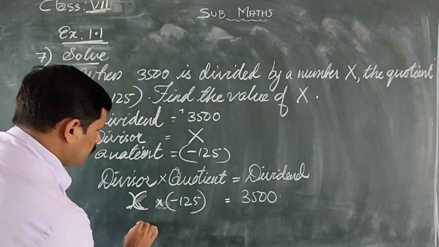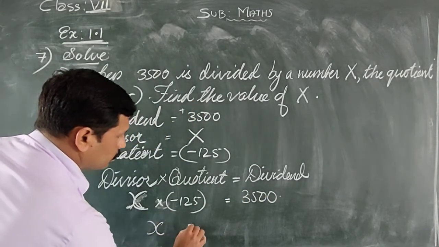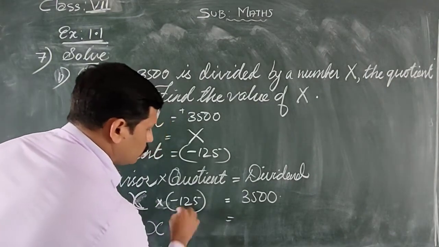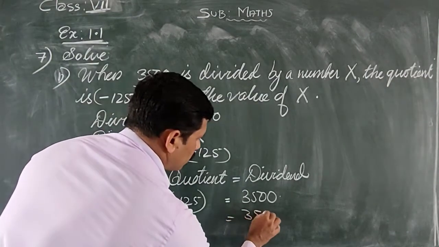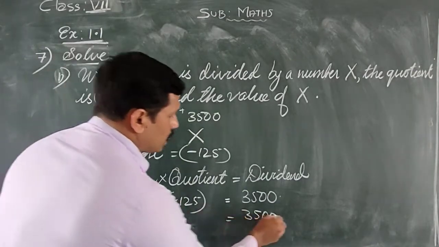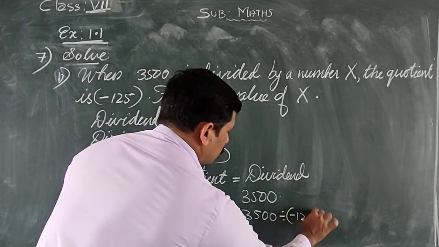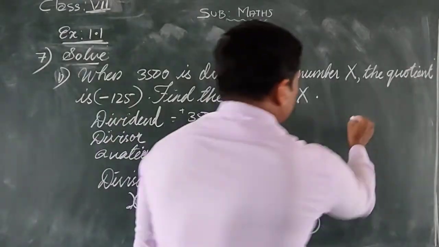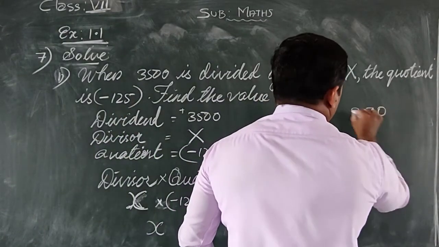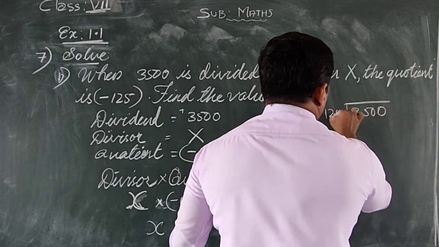Therefore, x is equal to, when we move to the other side, 3500, this multiplication changes to division, negative 125. Then we divide 3500 by 125.